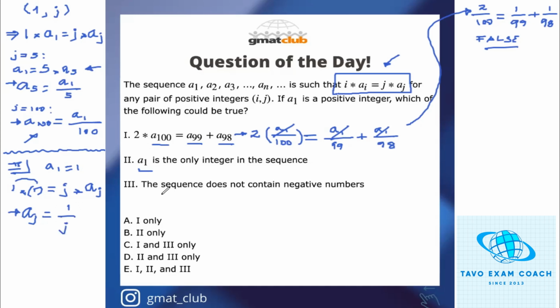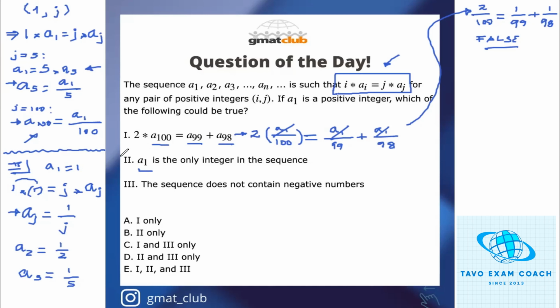But since, according to the definition of this sequence, j is a positive integer, if you divide 1 by any positive integer different from 1, it will always give you a fraction. For example, if j were 2, a sub 2 would be 1 over 2. If j were 5, then a sub 5 would be 1 over 5, etc. All other terms in the sequence besides a sub 1, or the first term, would be fractions.